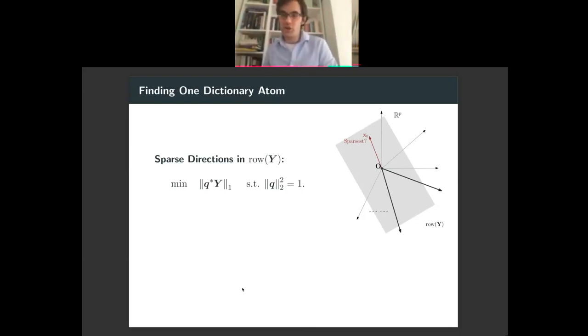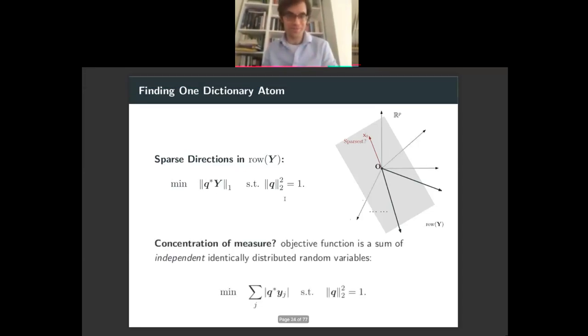Again, doing them all together is better computationally, but this is the thing that we can guarantee, and also the proofs shed some light on the geometry as a whole, even when you try to do the whole matrix. So we're going to go with this for now. So we're minimizing the L1 norm of Q transpose Y, subject to the L2 norm of Q equal to 1.